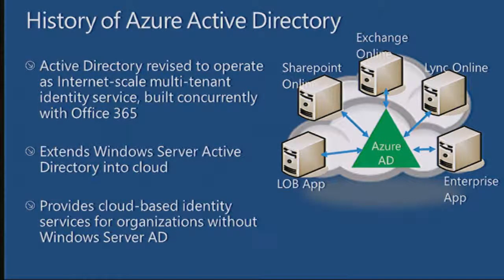And that single user would have a single username, a single password, and they'd be able to log into all of those services: SharePoint Online, Exchange Online, Lync Online, whatever enterprise apps you deploy to the cloud, and whatever line of business apps you deploy to the cloud. Plus, of course, whatever other applications you buy off the shelf that will run in Windows Azure, if you buy them via the Windows Azure Marketplace, as an example.